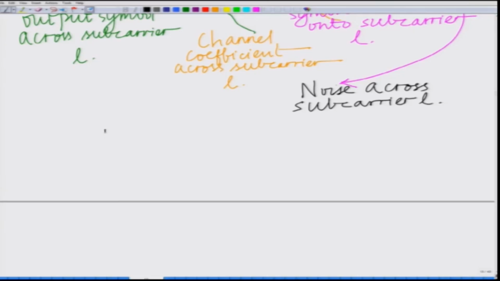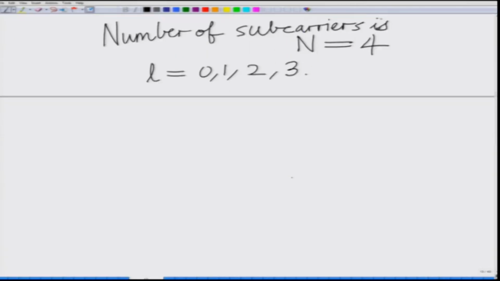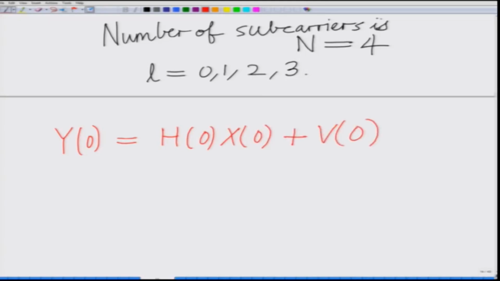So, the number of subcarriers is n equal to 4, which means we have L equal to 0, 1, 2, 3 corresponding to the 4 subcarriers, and therefore, for each subcarrier we have y0 equals h0 times x0 plus v0.